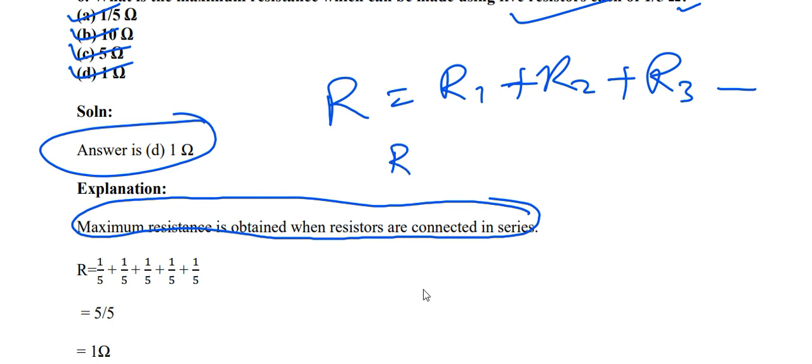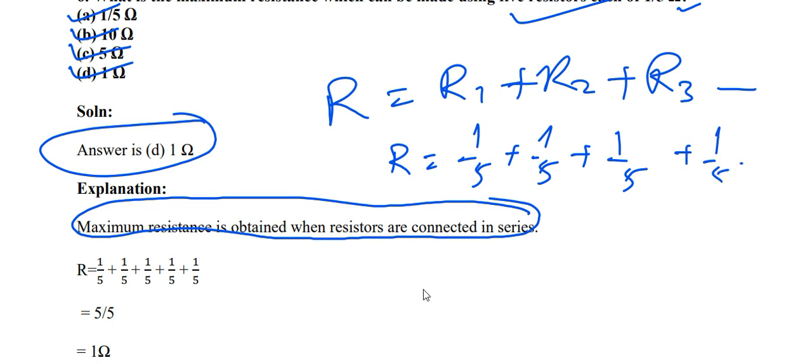So R equals 1/5 plus 1/5 plus 1/5, five times written, and 5 by 5 gives 1. So always maximum resistance is obtained in series connection, right?